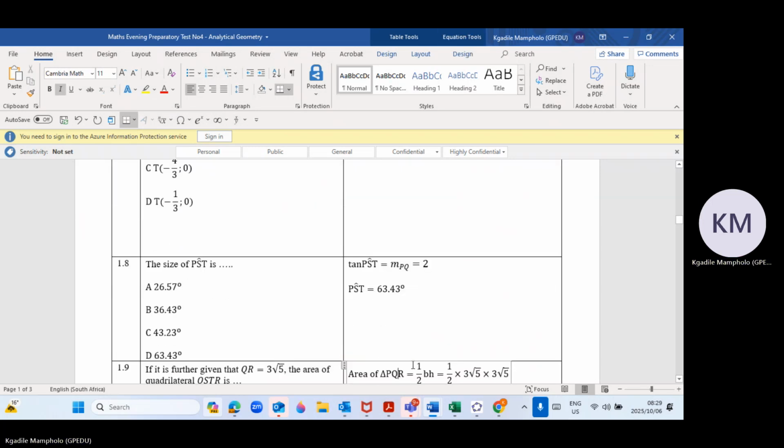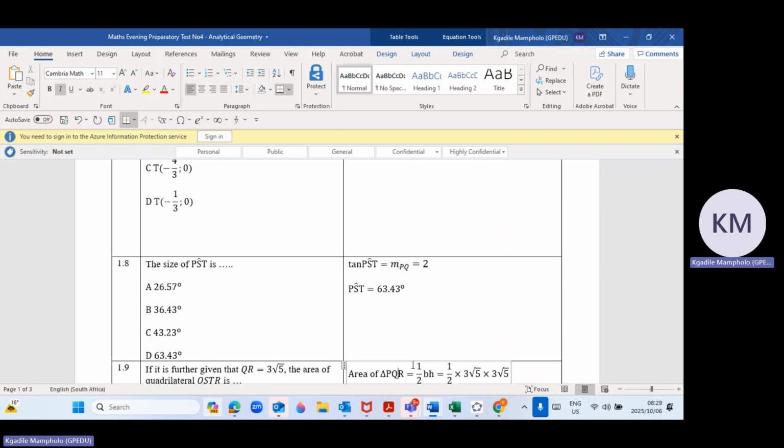1.8, the size of angle PST. Remember, PST is the angle of inclination of line PQ. We know the gradient of PQ, which is 2. We calculated it in 1.1.